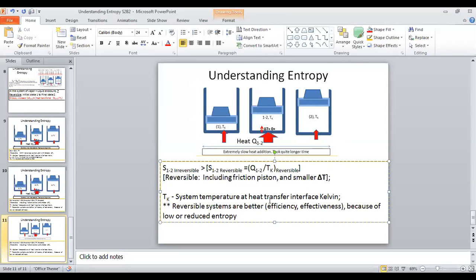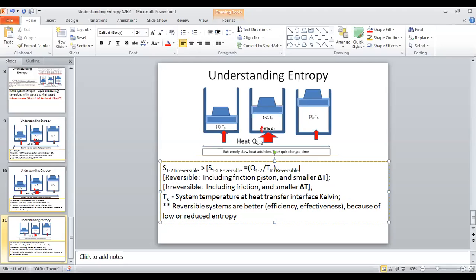And irreversible, I will put here. I have space here. Irreversible. This is very useful practical tips. That's how you can go for innovations. If you don't know the concept of entropies, you cannot go for innovations of the systems. So irreversible, including friction and piston or anything.